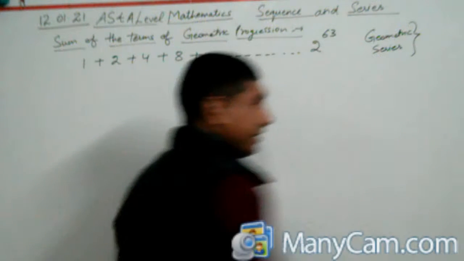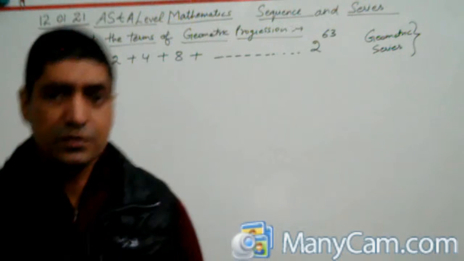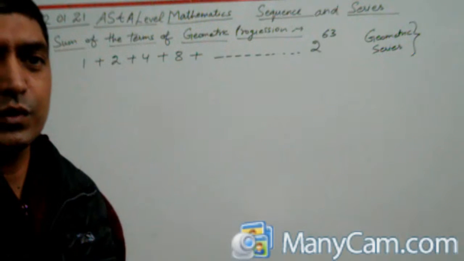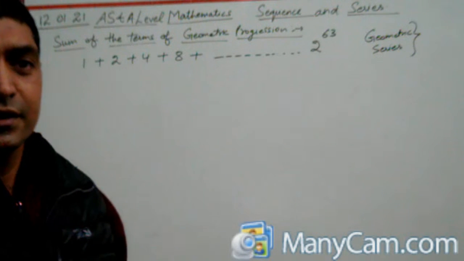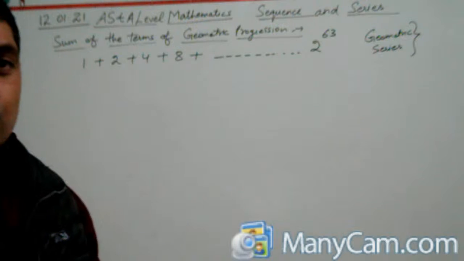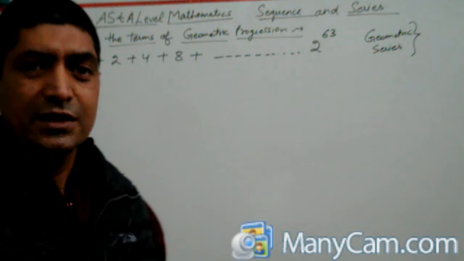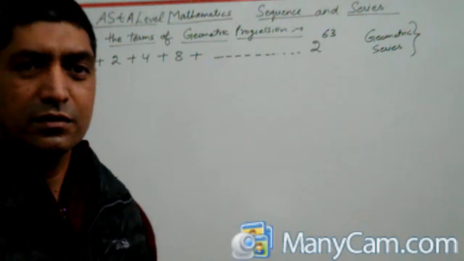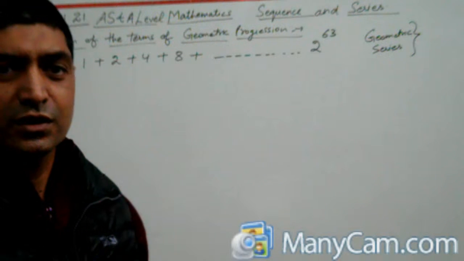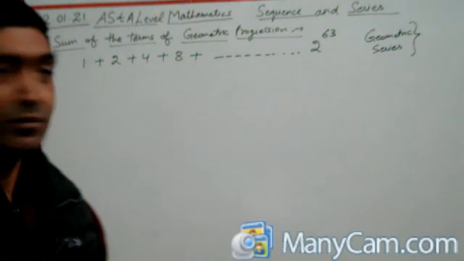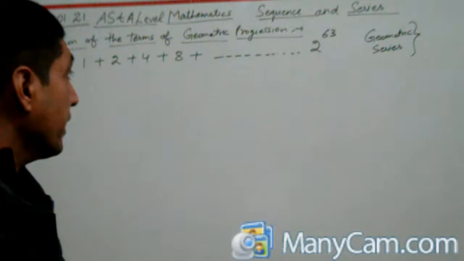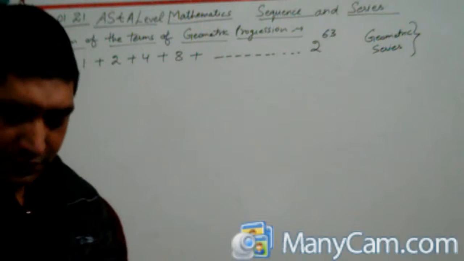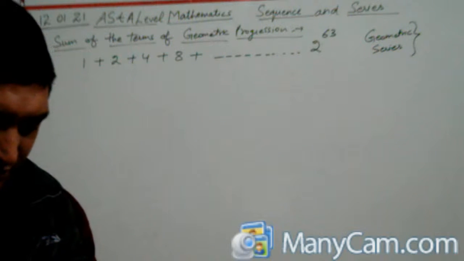When we are adding, then it becomes a series. We have discussed what a sequence is and what a series is. Here 1 plus 2 plus 4 plus 8 plus 16 plus 32 and so on, the common ratio is 2. So here we want the sum of this series.